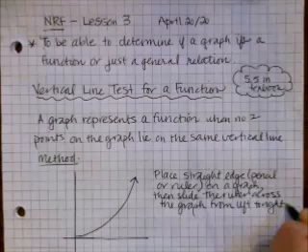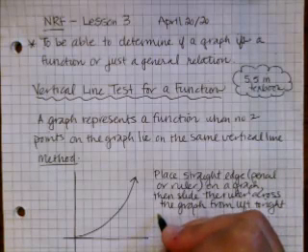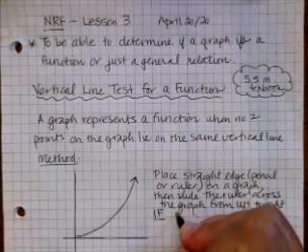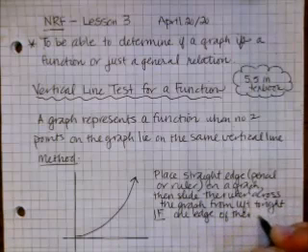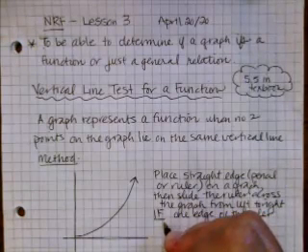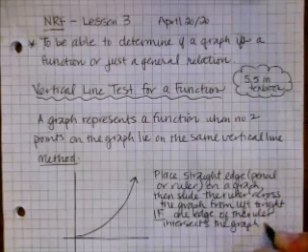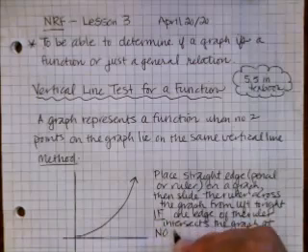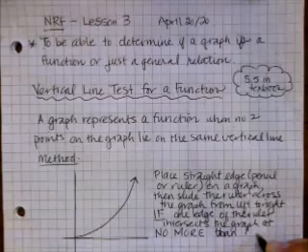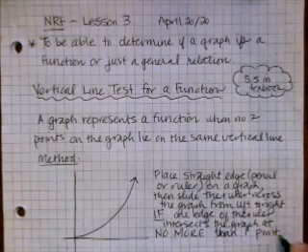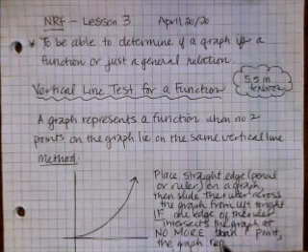Wouldn't really matter if it was left to right, but that's just a good tool. Here's the question. Here's what you're looking for. If one edge of the ruler intersects the graph at no more than 1 point, the graph represents a function.